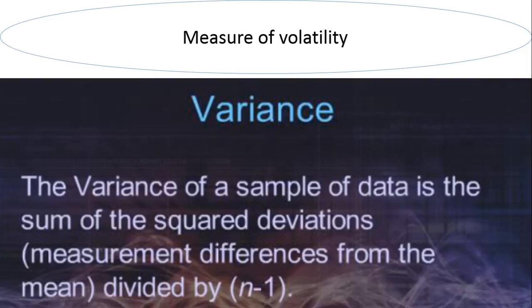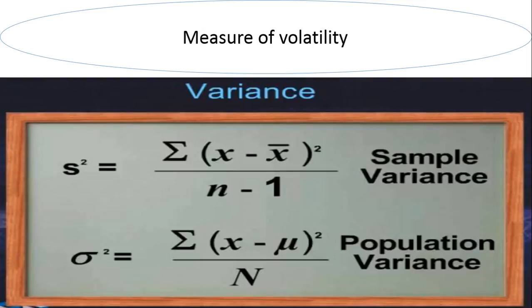So the measure of volatility can be shown here. The variance of a sample is the sum of squared differences to the mean divided by n minus 1, and the standard deviation of the population is calculated as you see on your screen.